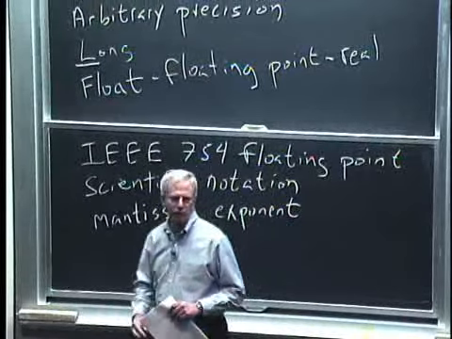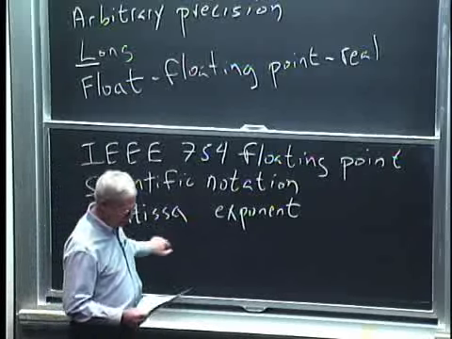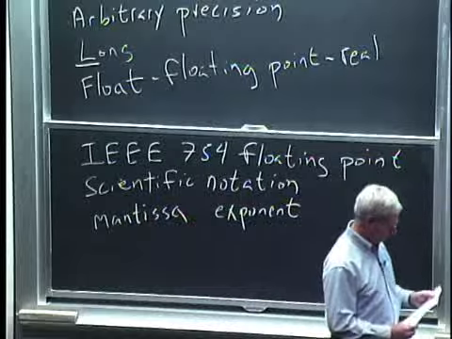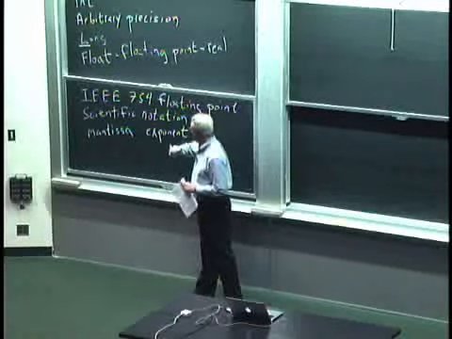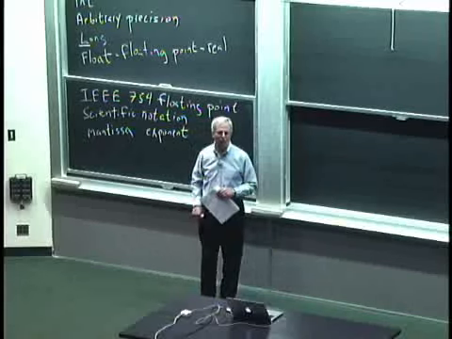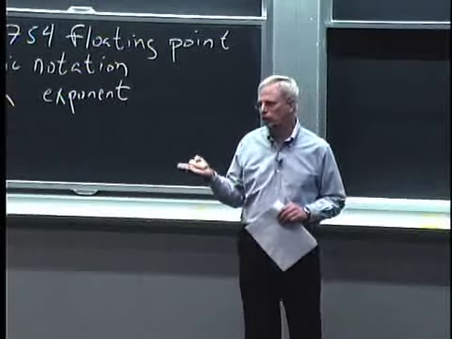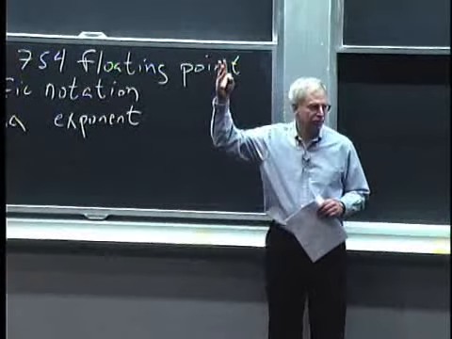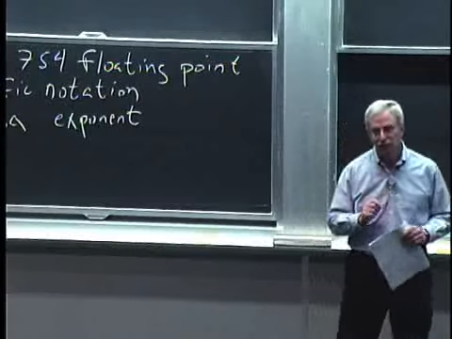So we represent a floating point number as a pair of a mantissa and an exponent. And because computers work in the binary system, it's unlike what you probably learned in high school, where we raise 10 to some power. Here we'll always be raising 2 to some power.